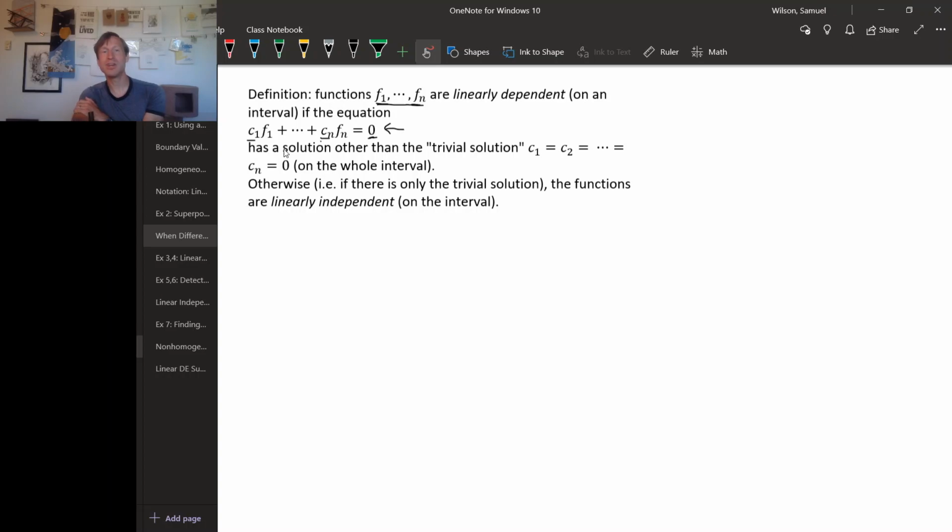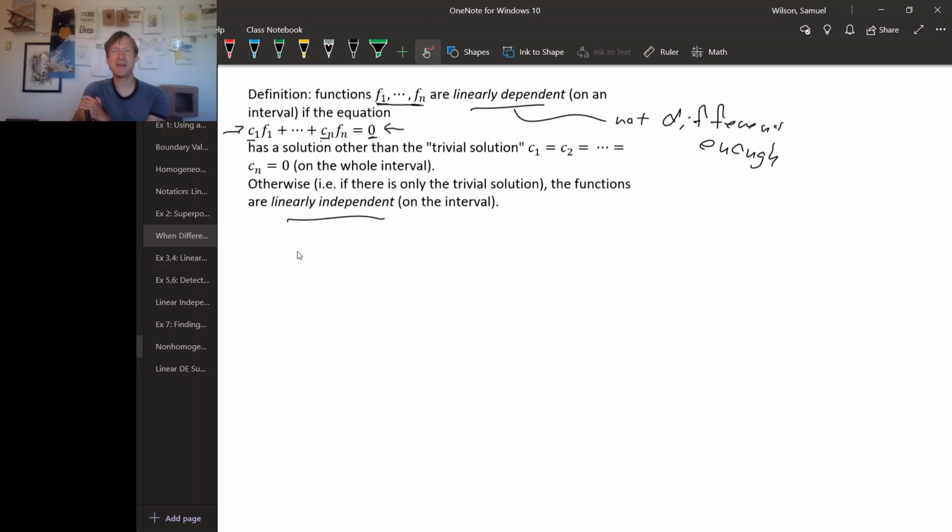On the other hand, if the only way to make this equation true is to choose all zeros for your constants, then these functions are linearly independent. So linearly dependent is our technical phrase for not different enough. And linearly independent is different enough.